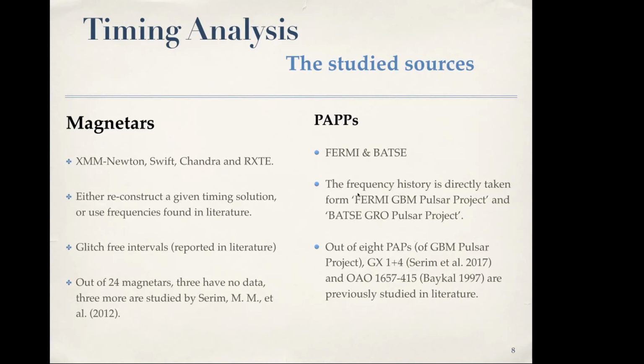Therefore, in this work, in order to accumulate as many data points as possible, we have gathered as many observations as possible. For magnetars, we have used the data of the XMM-Newton, Swift, Chandra, and RXTE X-ray observatories. With the obtained data, we have either reconstructed a given solution or we have used the frequencies found in the literature, depending on the data, as I said.